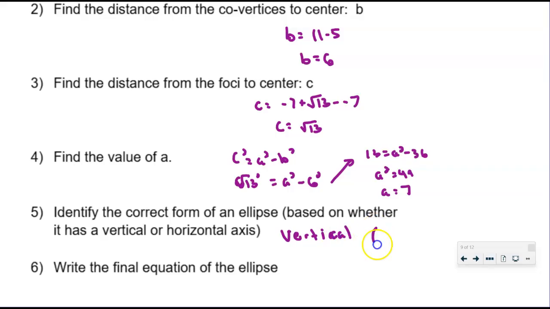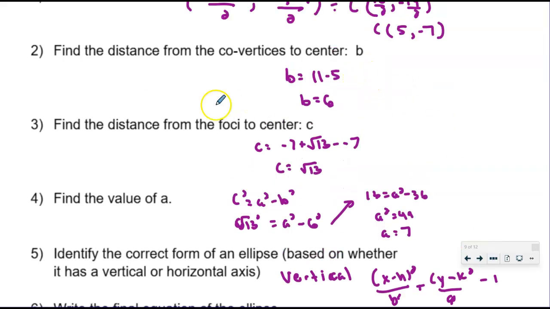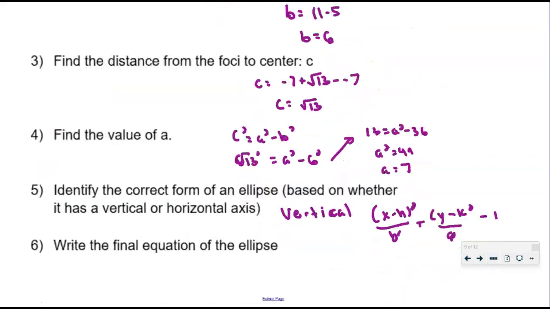So in this case, it's going to be x minus h squared over b squared plus y minus k squared over a squared equals 1. Okay. So in this case, we do know the center is 5, negative 7. So when I plug that in, I'm going to get x minus 5 squared plus y, and we said it was negative 7.